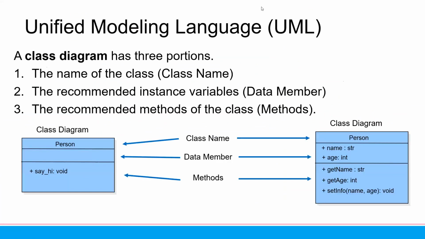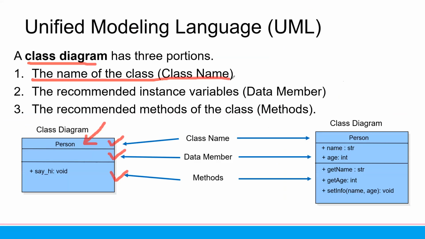I have the class diagram. I still use the same class, which is person. Now I can divide this class diagram into three parts. The first is the class name. The second layer is the data members. And the third layer is the methods.